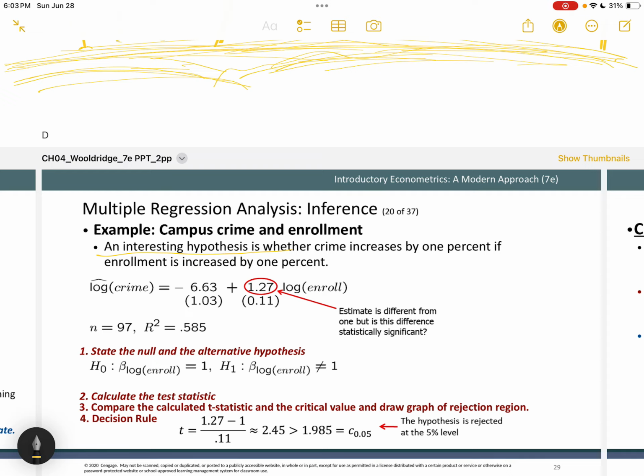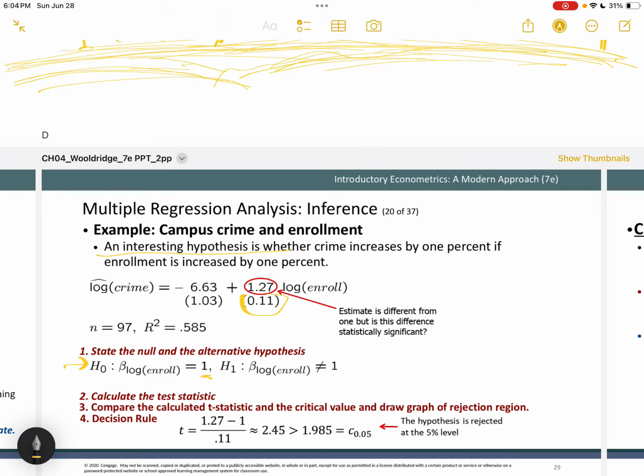Now, we want to check if for every 1% increase in enrollment, crime also increases by 1%. And so in the null hypothesis, H naught will be written as beta on log enrollment equals 1, and in the alternative, not equal to 1. Do you see? So we don't always write 0.